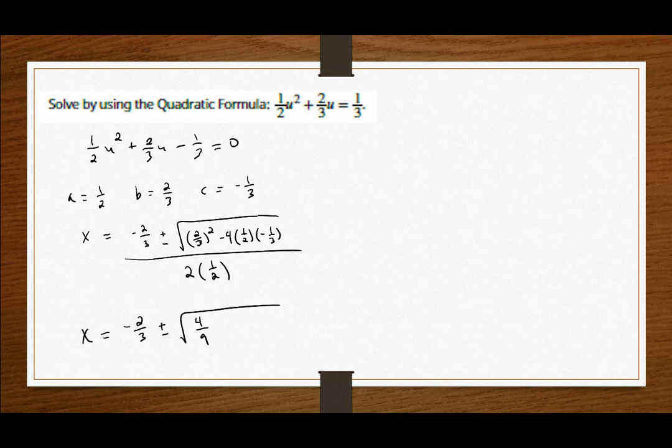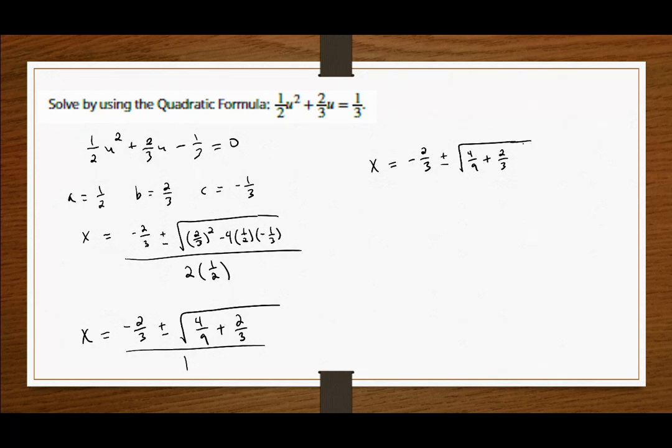Negative 2 times 1/3 should give me a positive 2/3. In the denominator, half of 2 is just 1, so division by 1 essentially makes the denominator go away. So a lot of the difficulty of this computation can be reduced by the fact that our denominator is quite easy to work with.